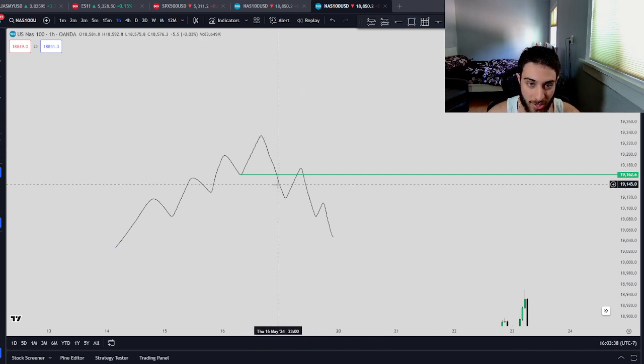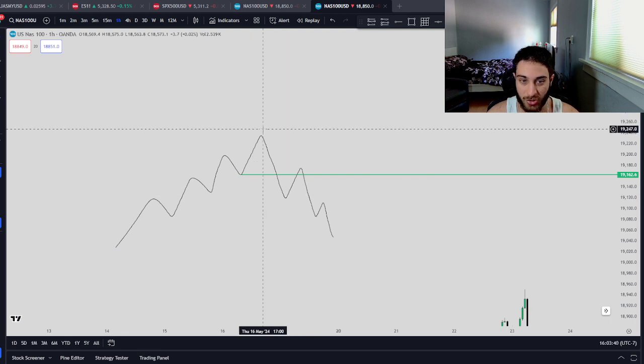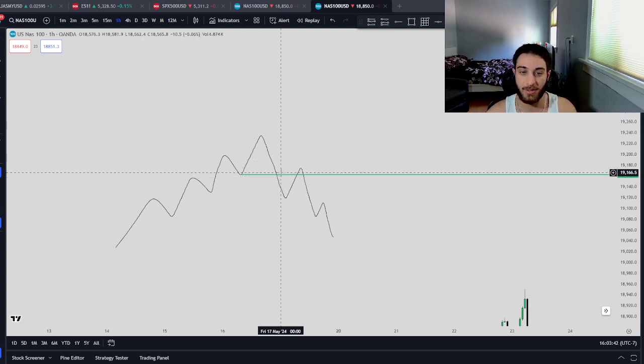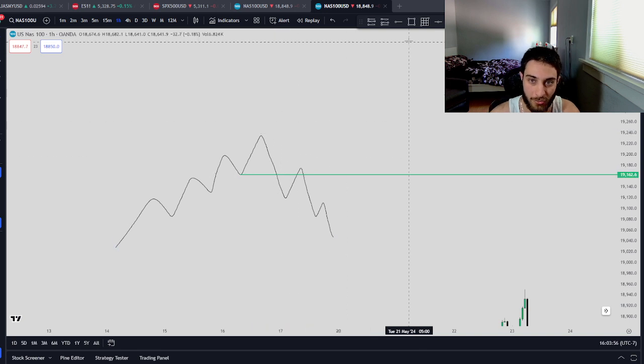So where did price change structure? Price changed structure with this move down here that broke structure. So that move that broke structure, I consider as the place where a lot of orders get filled and cause a strong move, because it was strong enough to shift the structure and change the trend from uptrend to downtrend.